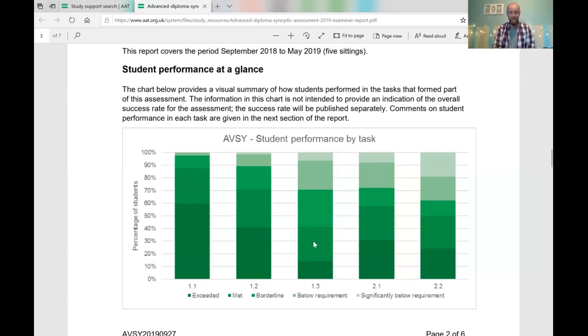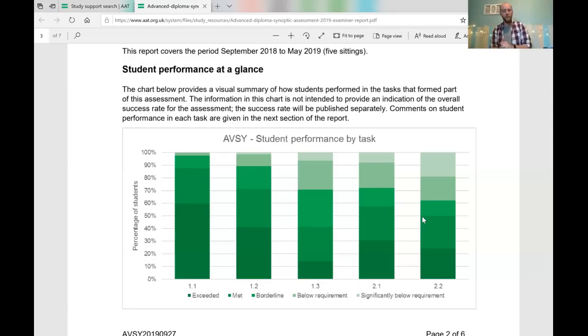So this is where students are really struggling. Then it goes up to just under 60% for task 2.1, the first Excel task, and then drops again for task 2.2 in Excel to around 50%.